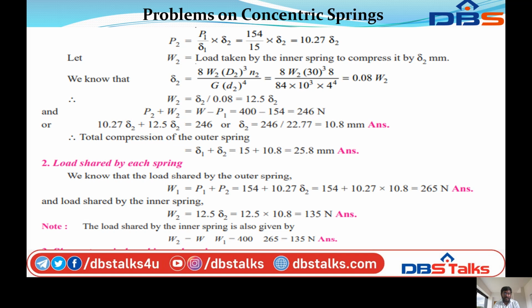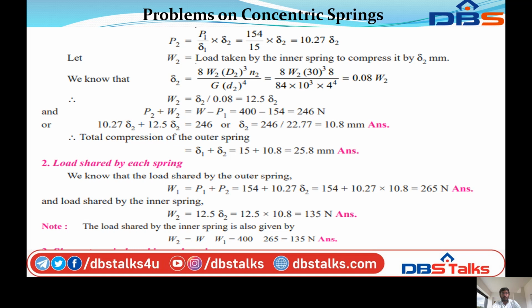Next we can calculate the load shared by each spring. We know that the load shared by the outer spring, W1, is equal to P1 plus P2, that is equal to 154 plus 10.27 delta 2. Substituting delta 2, that is equal to 154 plus 10.27 into 10.8, that is equal to 265 Newtons.